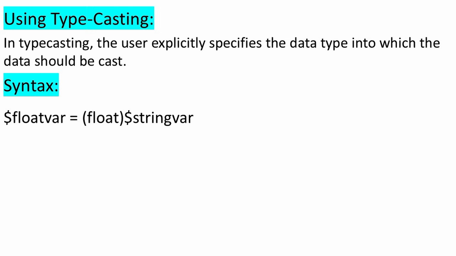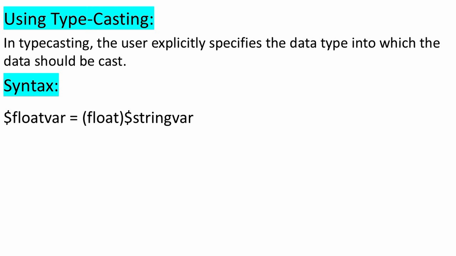For example, the syntax $floatVar = (float) $stringVar explicitly tells PHP to take the value stored in $stringVar and convert it into a floating point number, storing the result in $floatVar. This approach works not only for numeric strings, but also for values that PHP can interpret as numbers, such as integers or Boolean values.